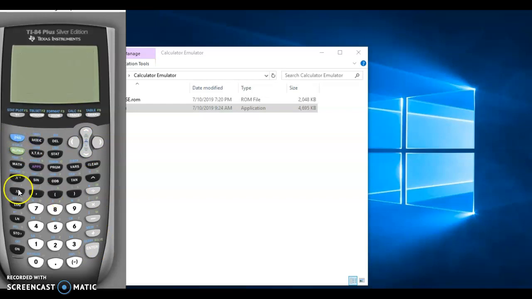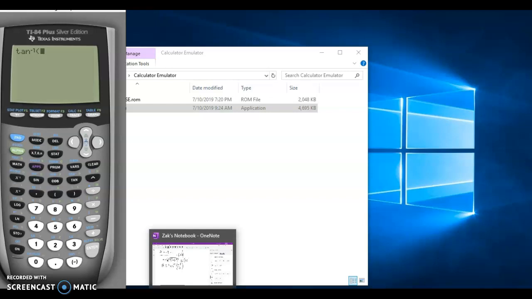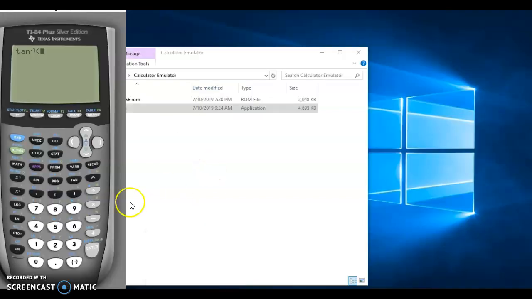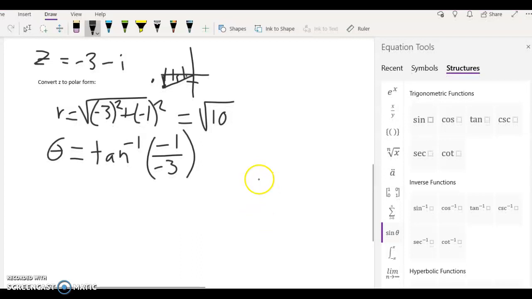Make sure I'm in degree mode, then I'm going to take my inverse tangent, and my numbers, remember, were -1 over -3. And the reason I'm using my calculator on this one is because we don't know exactly when tangent is 1/3. We can simplify it to 1/3, but we don't know the exact angle. So we see that it's this approximate number, 18.43.